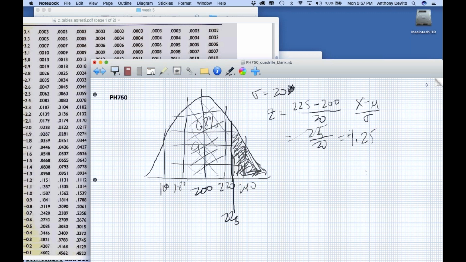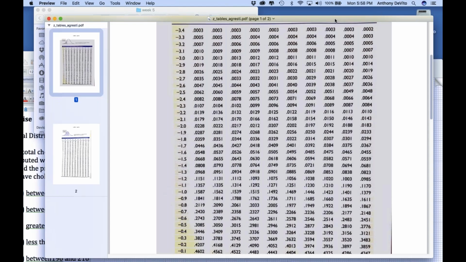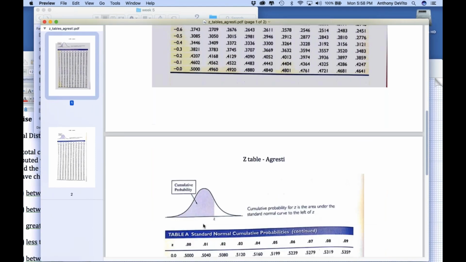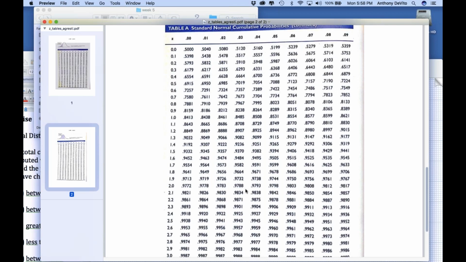So I'm going to go to my Z table, and I'm going to look up the Z score for plus 1.25. And we notice that it's going to give you the area from the Z score to the left, right? So the Z score is 1.25, 1.2, and I go across 0, 1, 2, 3, 4, 5.